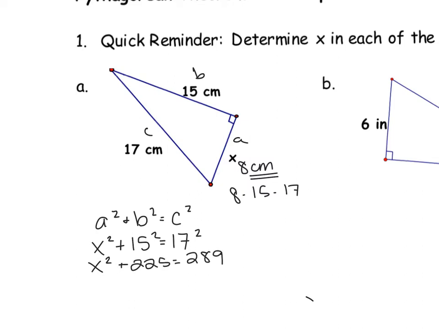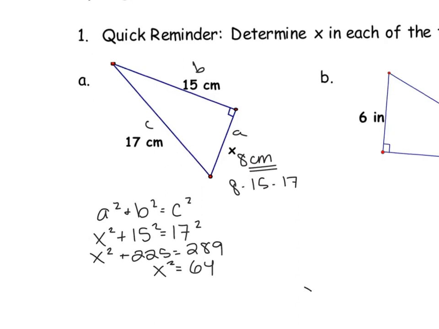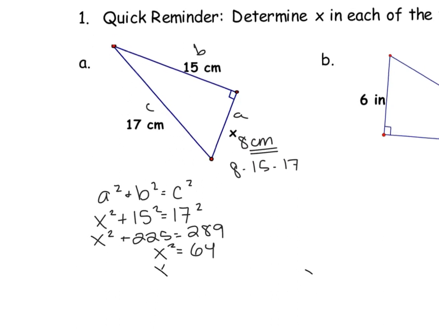So if I subtract 225 from each side, I would get that x squared is 64, and then I'm looking only for the principal or positive square root of 64, which gives us 8. Positive because we're talking about length. So either way, you get that x is 8.